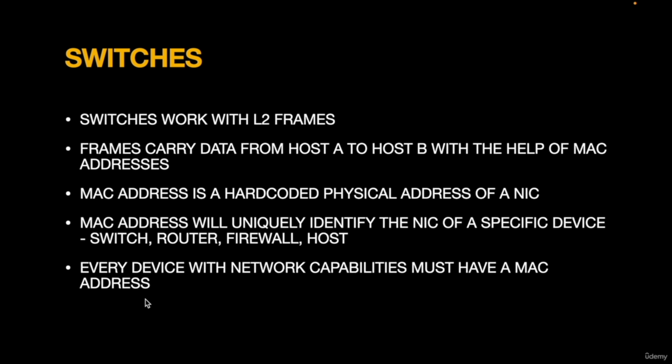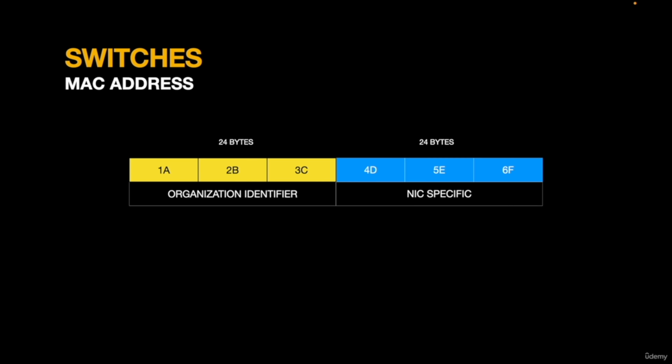And every device with networking capabilities must have a MAC address in order to participate in data transfer. A MAC address is a 48-bit address where the first 24 bits are the organization identifier.